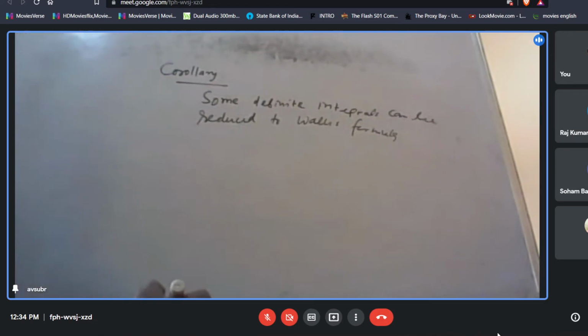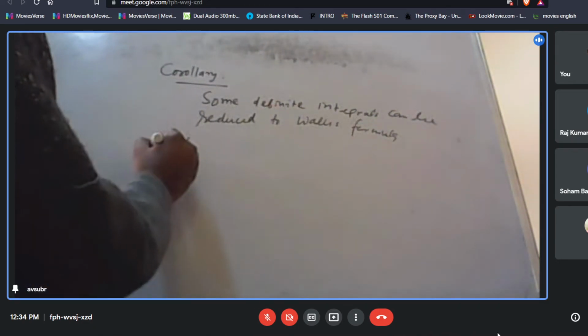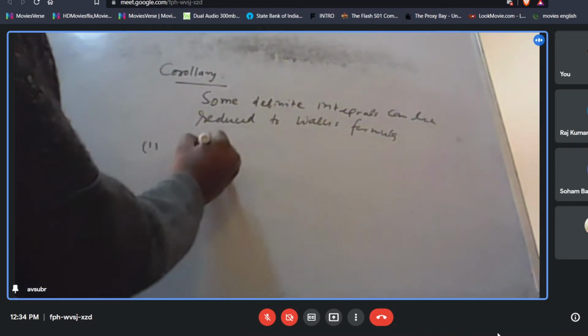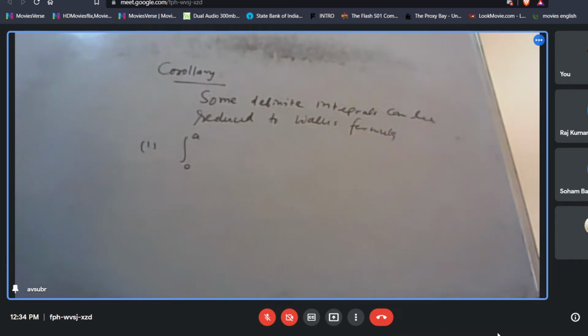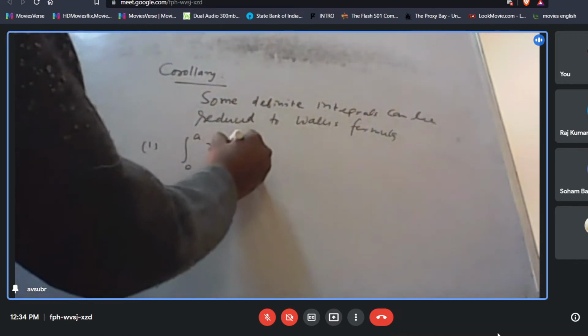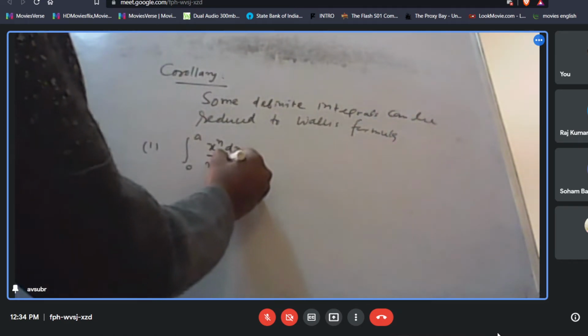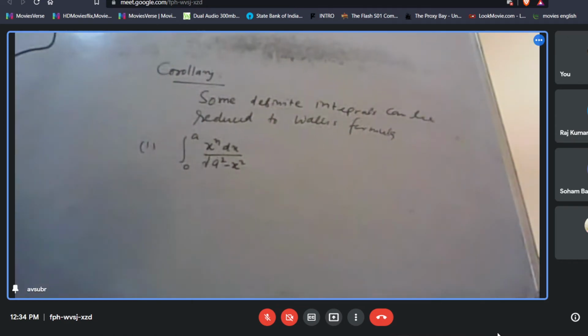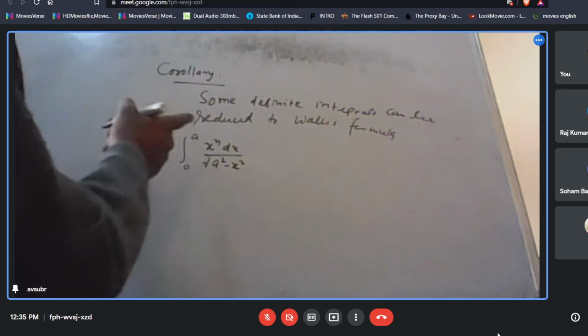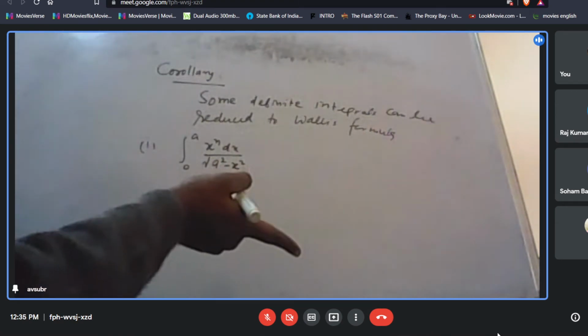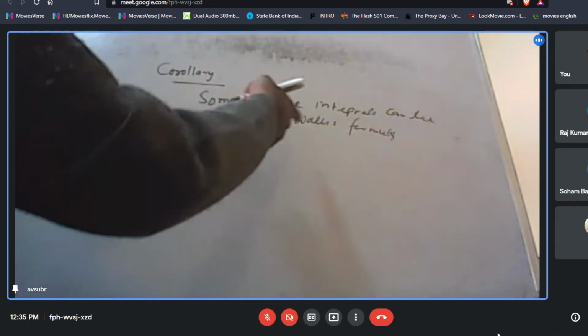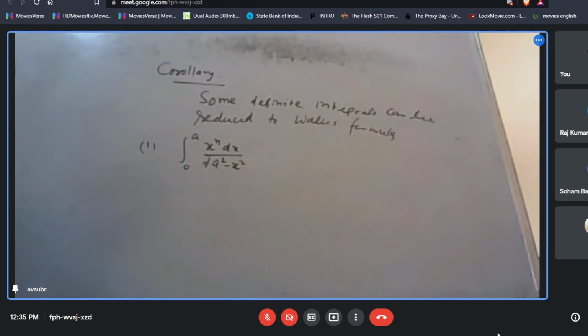How can we do it? For example, we are given the integral from 0 to a of x to the power n dx by root over a square minus x square. Then we can bring it to a form where we can use this Wallis formula.